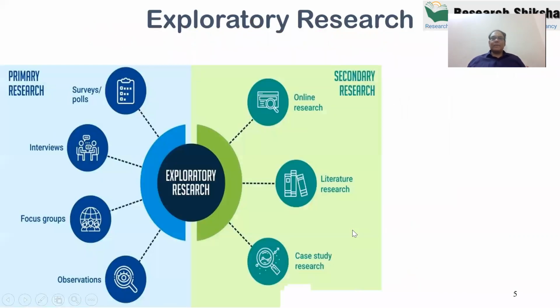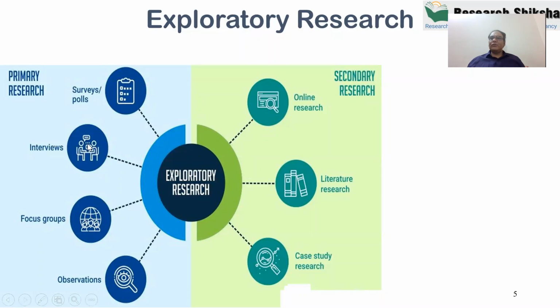So first of all, let's see what we are doing in exploratory research. As I said, when you take admission in a PhD program or when you start writing a paper, the first research you are required to do is exploratory research. What you are doing in exploratory research: you take polls, surveys, an initial survey for collecting the data.